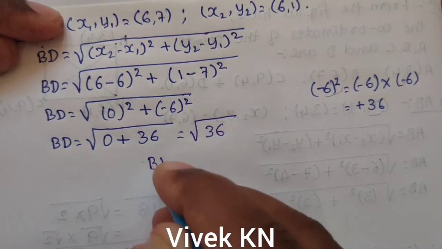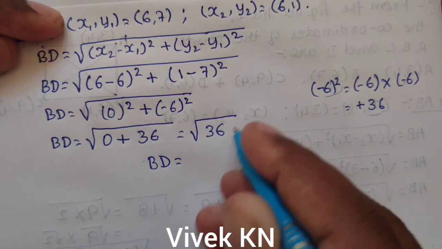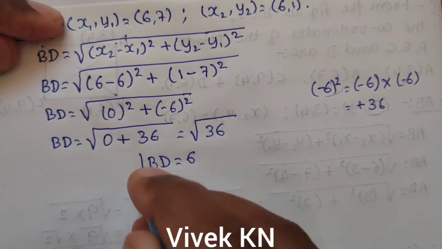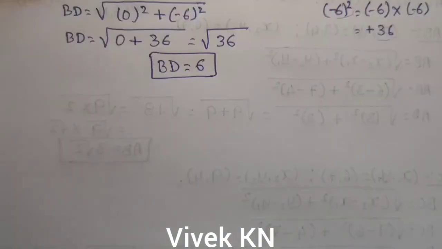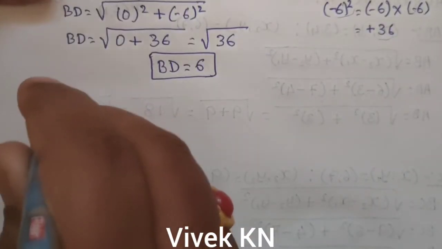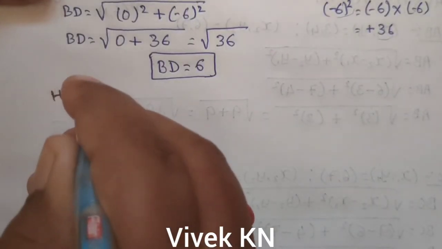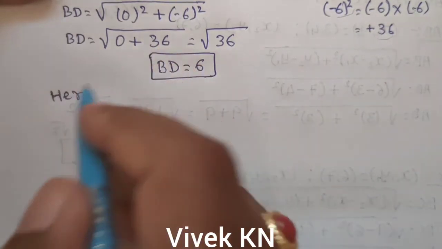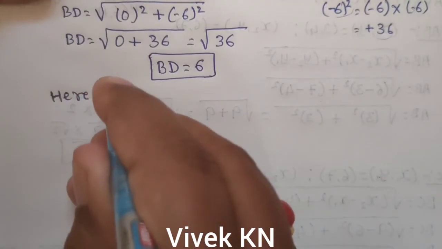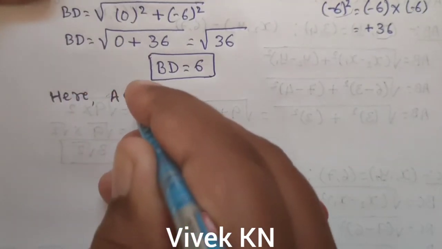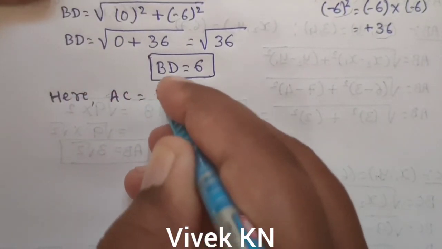That is the value of BD is, the value of root 36 is 6. That is the value of BD is 6. Here the value of the diagonals AC and BD are equal. That is AC is equal to BD.